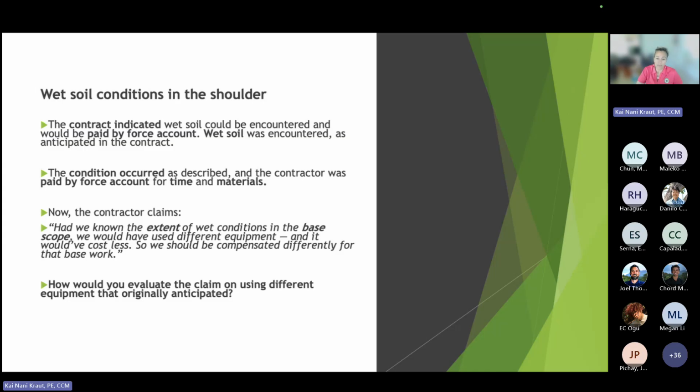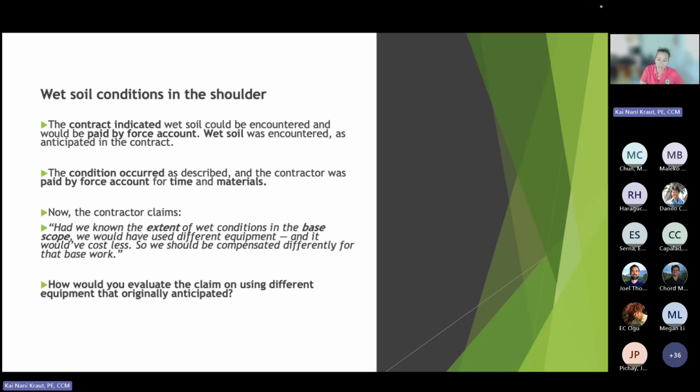Now the contractor claims, had we known the extent of the wet condition in the base scope, we would have had different equipment and would have cost less, so we should be compensated differently for base scope work. So they weren't even asking on the change work. They're now asking for base scope work or the shoulder work, because of the wet condition, it's different, and they have to reprice the base scope.